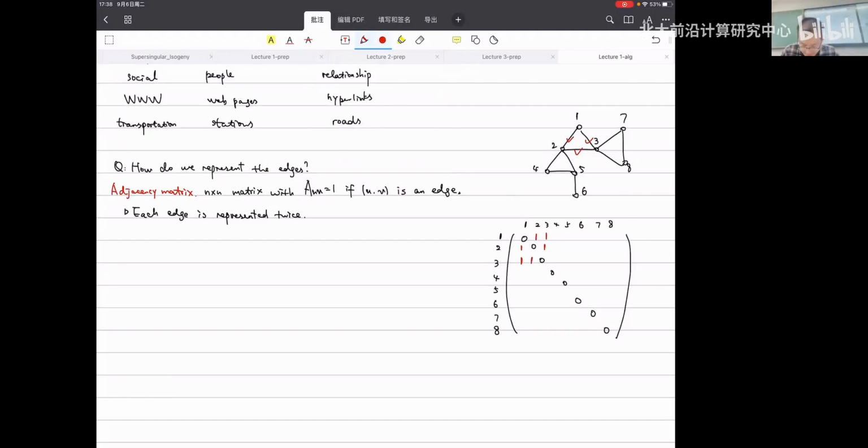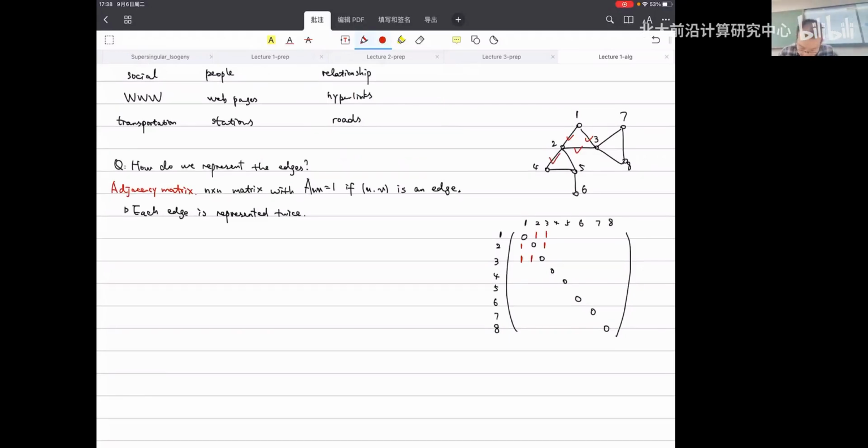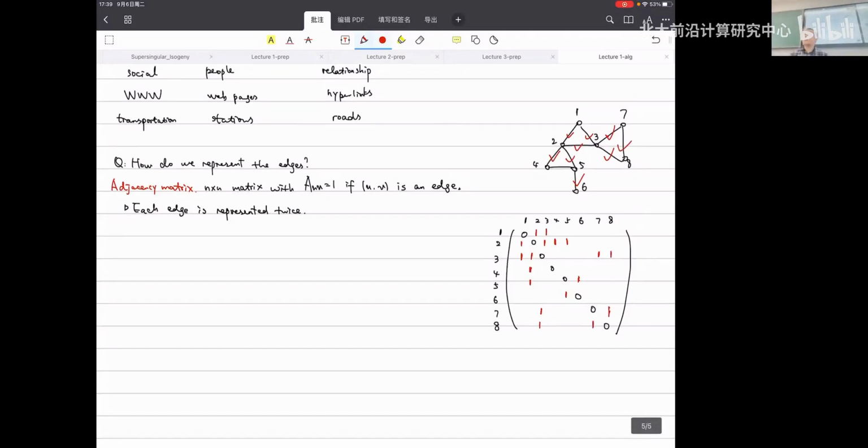And then maybe let's look at 2, 3. And then 2, 4, which is going to be this and this. And then 2, 5, which is going to be this and this. And then 5, 6, this and this. And 3, 7, this and this. And then 3, 8, this and this. And then 7, 8, this and this. And all other places in this matrix are 0.